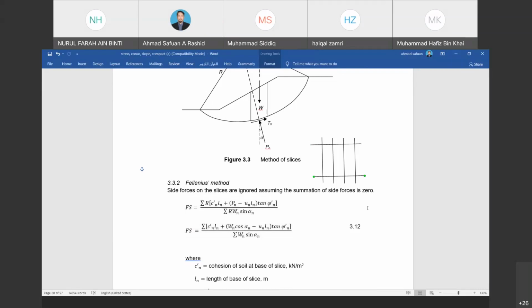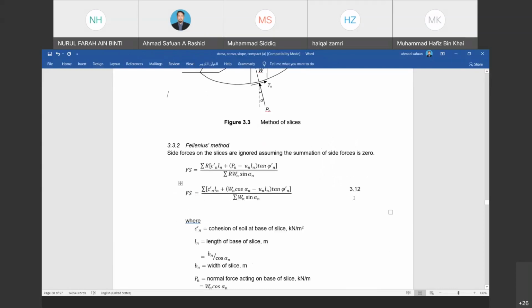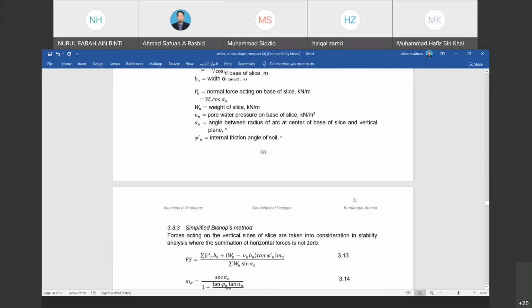Faham? Faham, doktor. Okay. So that is the way how we solve the problem, okay, by using a table form. Okay. Memang itu cara dia sebab kita ada banyak slice. Okay. So that is for the Fellenius.